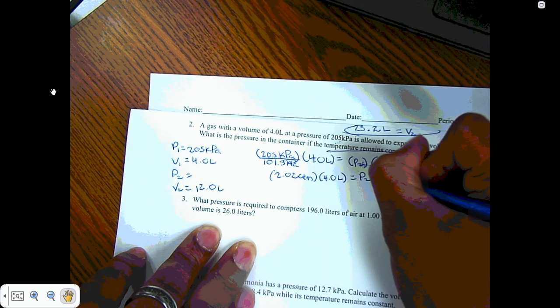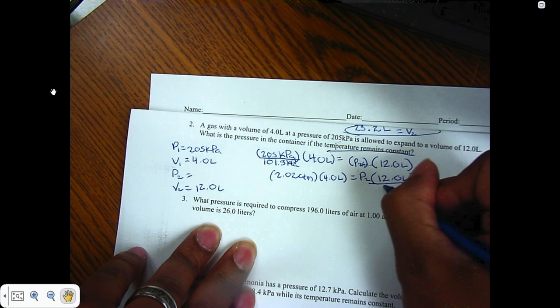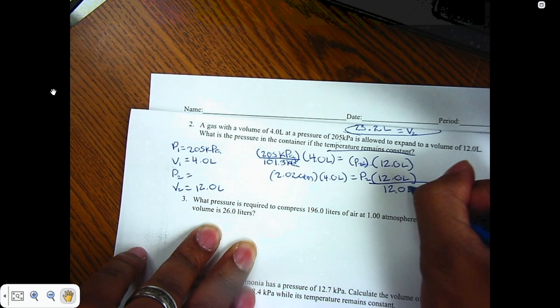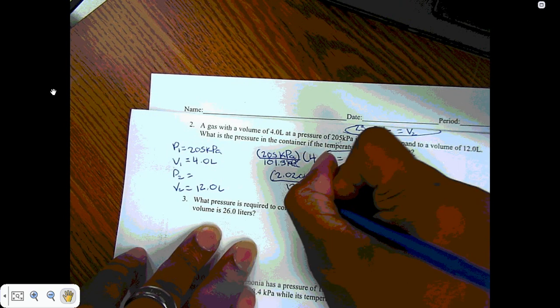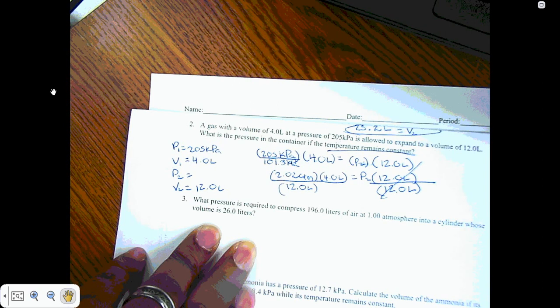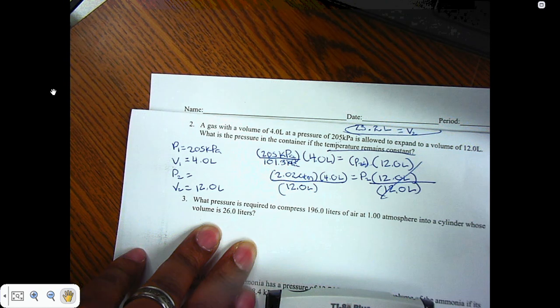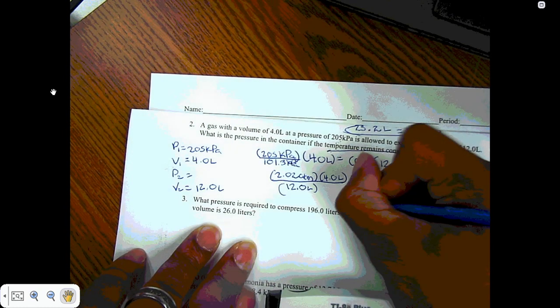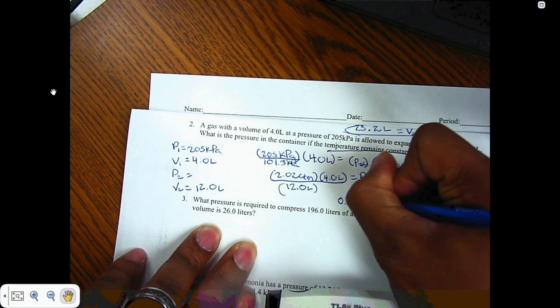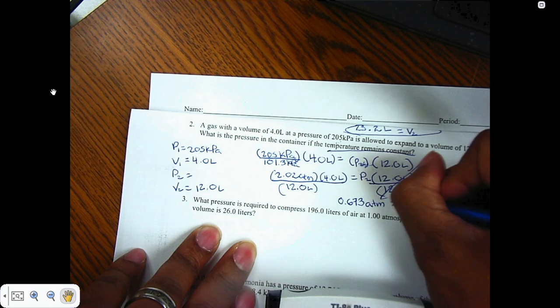P2, we don't know, 12 liters. I'm trying to solve for P2. Divide both sides by 12 liters. That cancels out. And when we step forward in solving it, we yield a value of 0.673 ATMs is equal to P2.